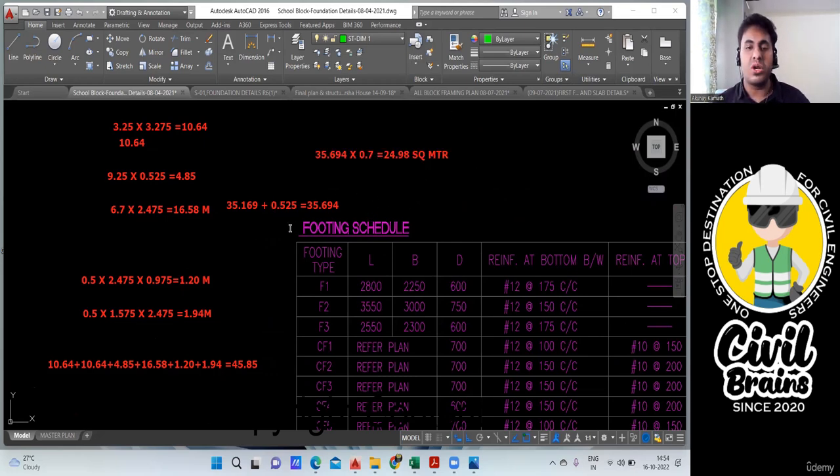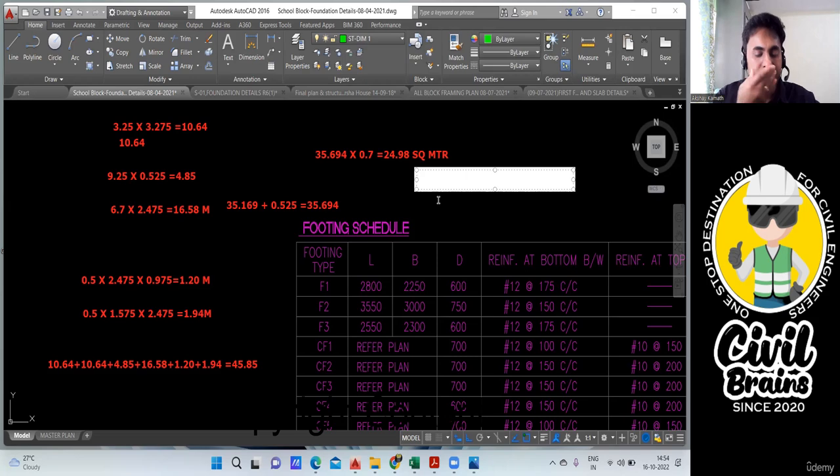If you want to find the concrete quantity, how will you find it? Concrete quantity, that is the volume of concrete for CF1, will be area times depth. How much area did we get initially? 45.85. Multiply 45.85 by the depth.